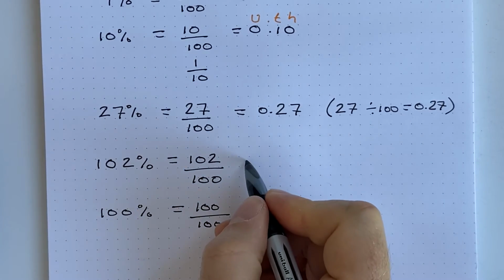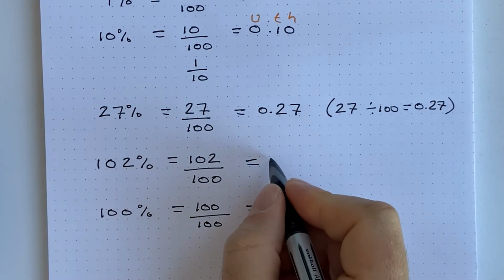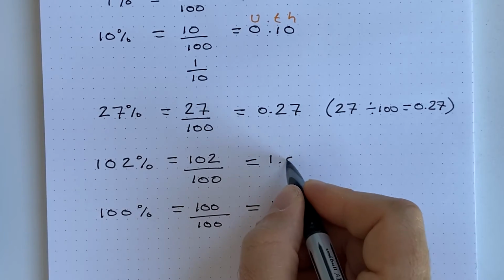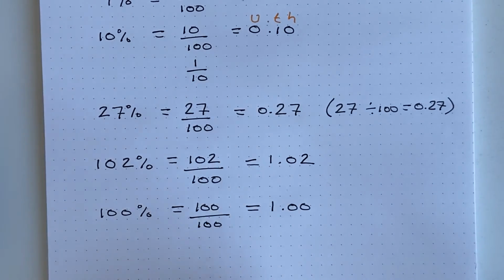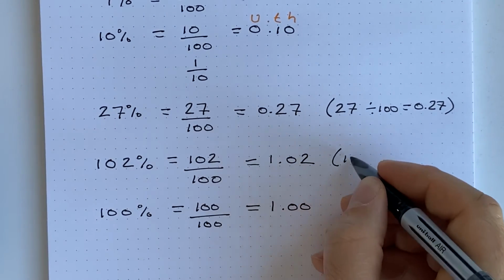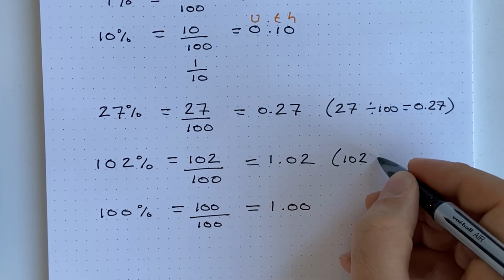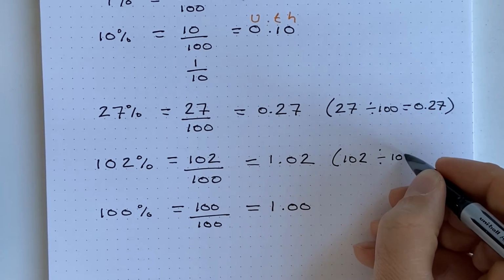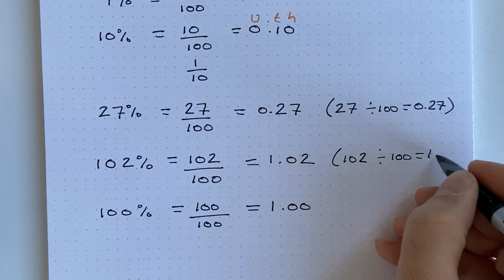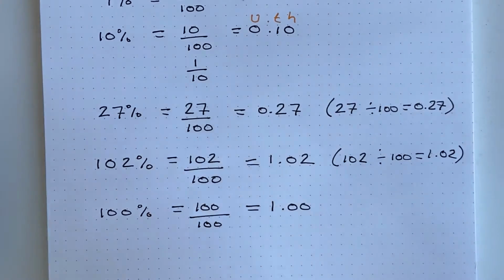Okay, 102% is 1 whole and 2 hundredths. But again, if you need to, use your calculator. 102 divided by 100 gives us 1.02.